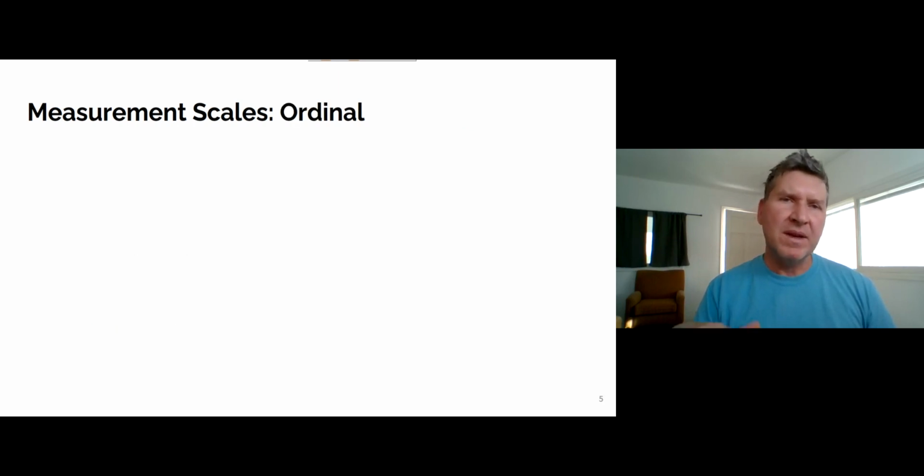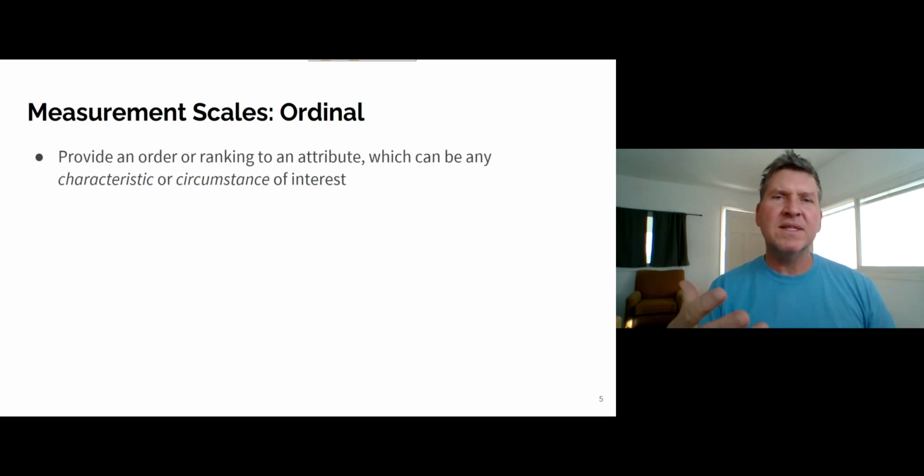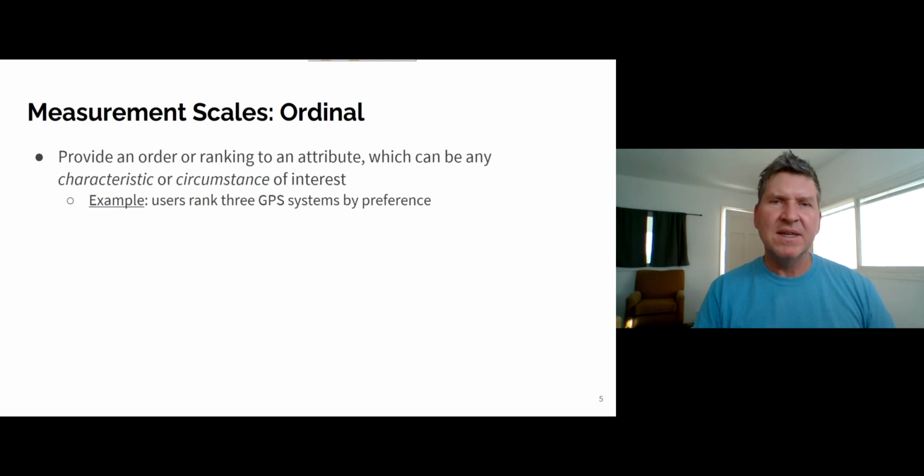Now, the second one in terms of sophistication is ordinal. So this implies order, and this gives a ranking, which can be any kind of characteristic. So for example, if you have 3 different types of phones, and you want to put them in some kind of ranked order, or 3 GPS systems.